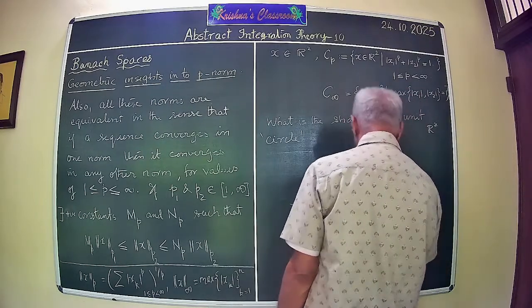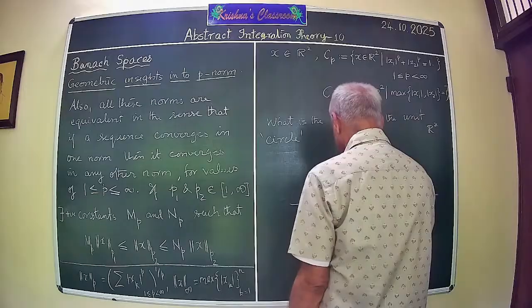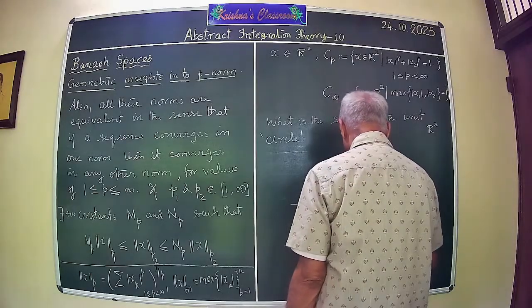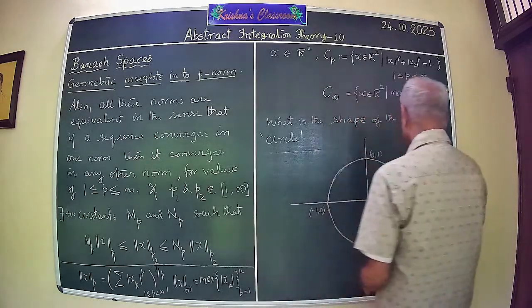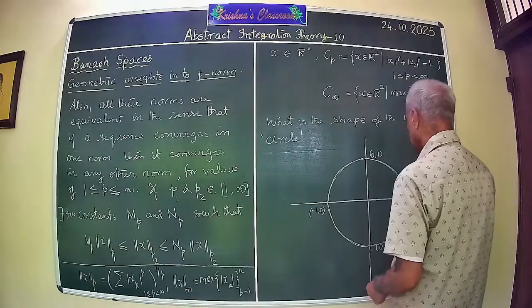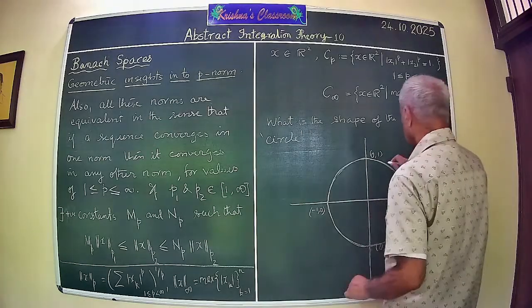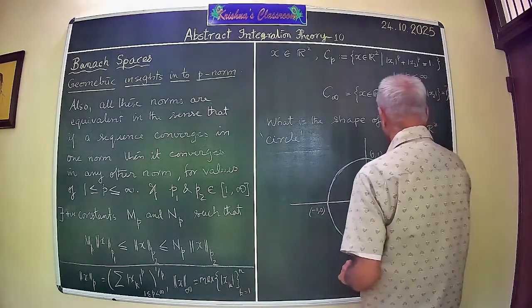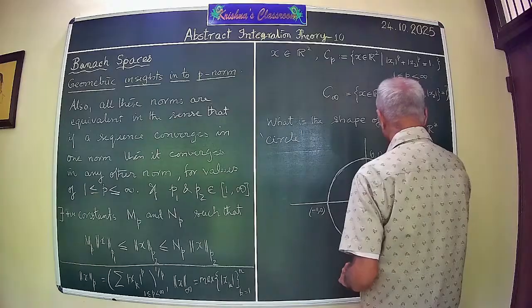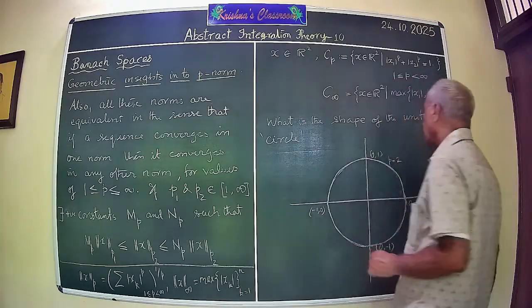It's the circle with center at origin and radius 1. Now, this we designate. This is the one corresponding to p equal to 2.